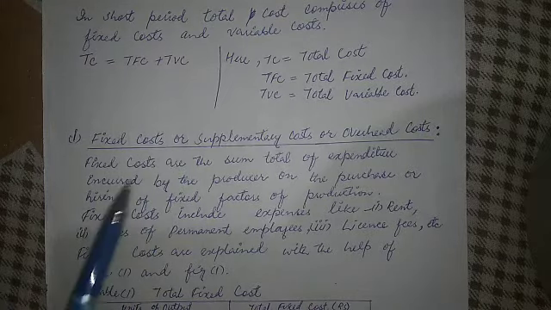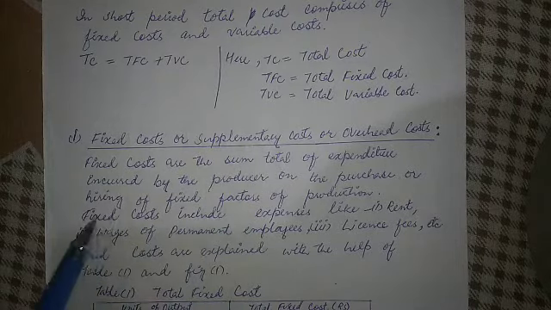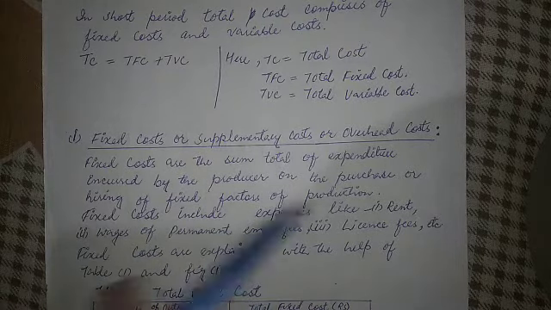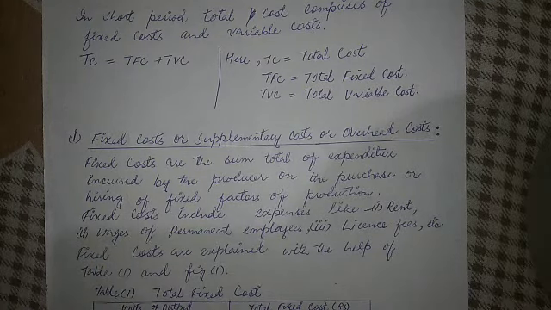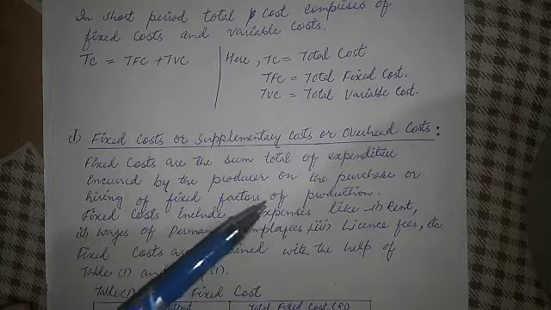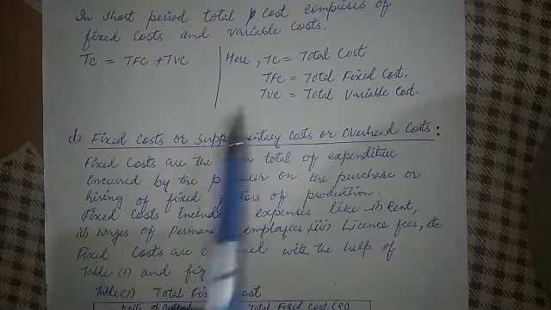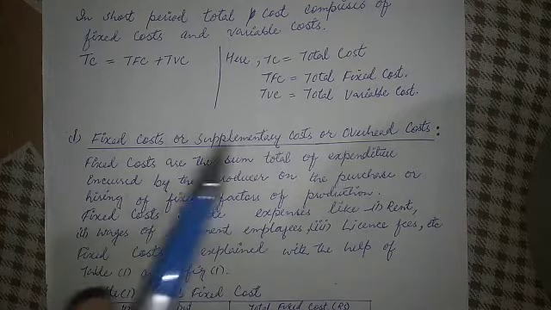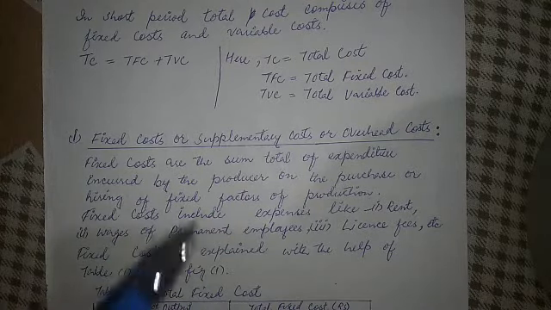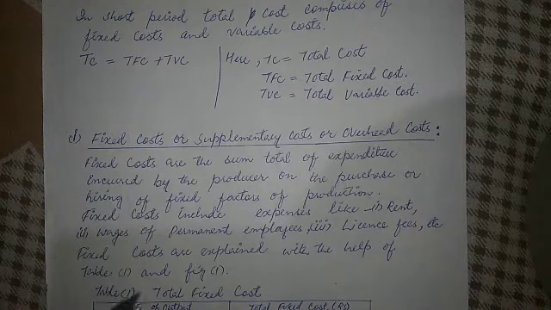So, fixed costs are the total expenditure incurred by the producer on the purchase or hiring of fixed factors of production, and these are also called supplementary costs or overhead costs or indirect costs. These costs do not change with the change in output. Even when output is zero, fixed costs remain the same.